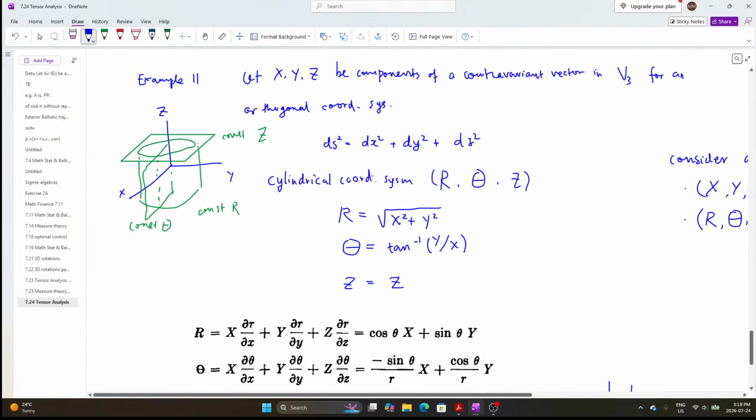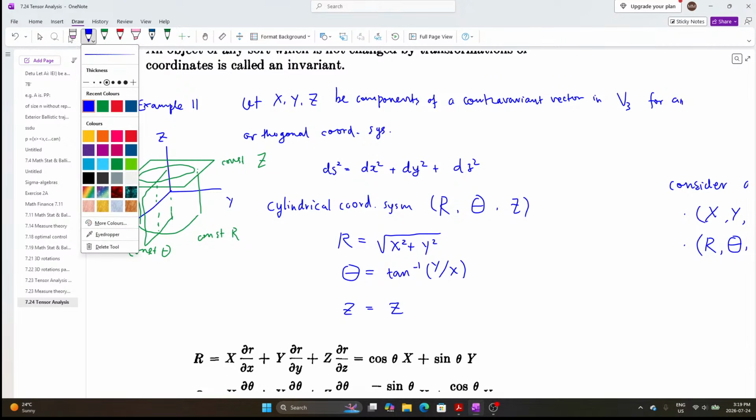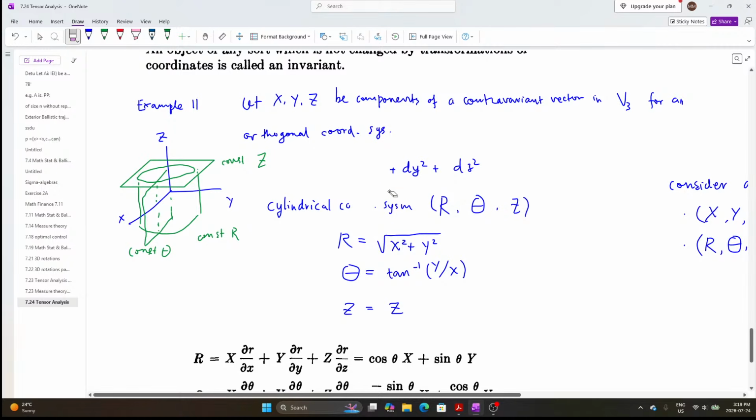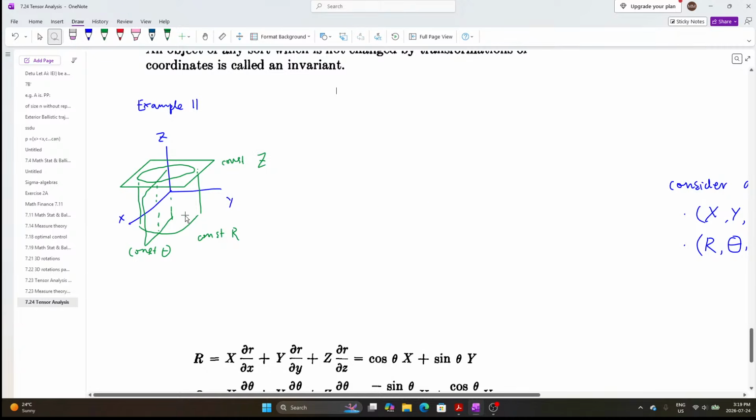Okay, so I'm going to erase everything here. This is irrelevant. Let me just keep what I can keep. So in the diagram, these aren't big x, y, z anymore. These are little x, y, and z.